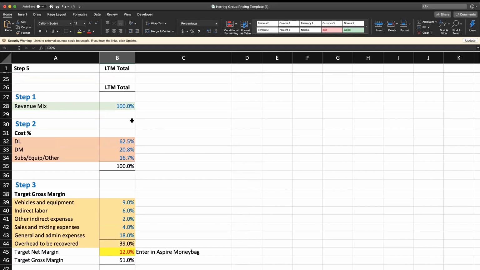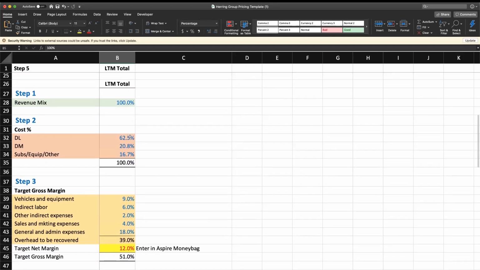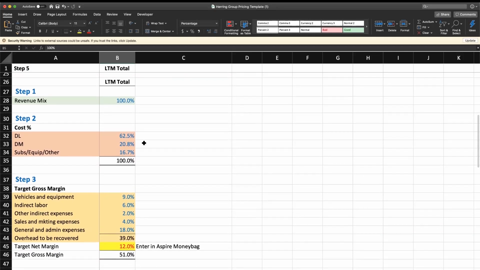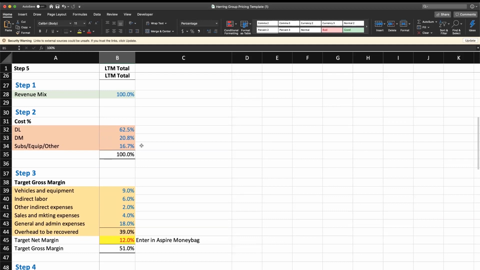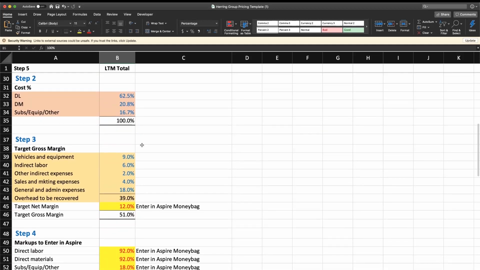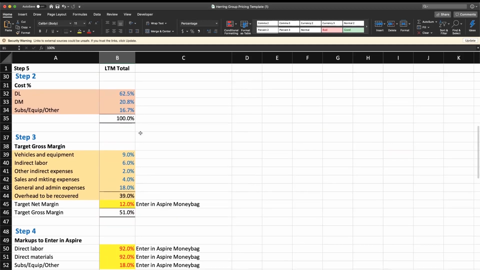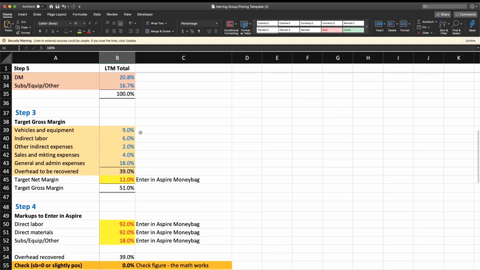Any blue number here is a formula that can be altered to what we're planning to do for the next 12 months. These were our cost percentages, right? 62% of our costs were labor, 20% were direct materials, not percentage of revenue, but percentage of total direct cost. So we could alter those percentages if we think something's going to change there.